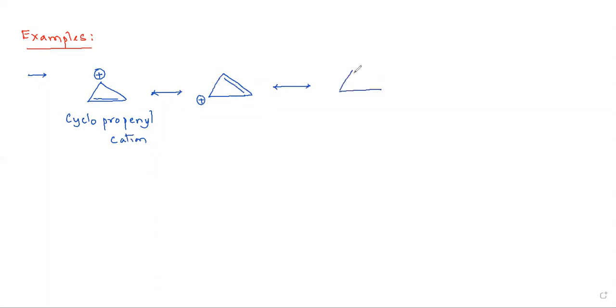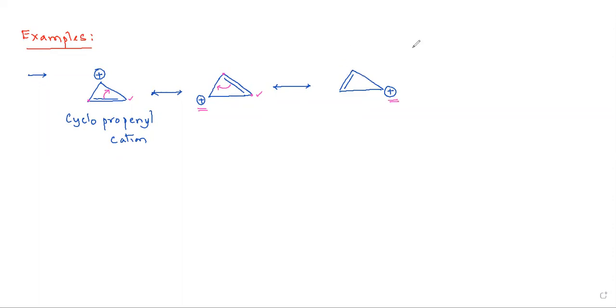It may even move here, right? Simple. This goes here. Then this one loses, of course, this one retains. So a positive charge here. Then it goes here. This one loses, whereas this one is retaining. So a positive charge here, right?